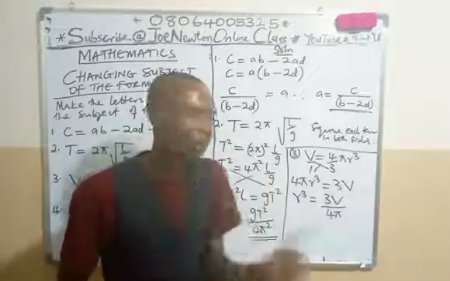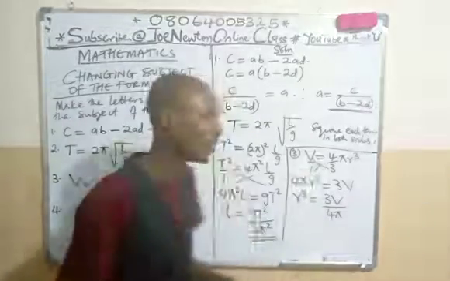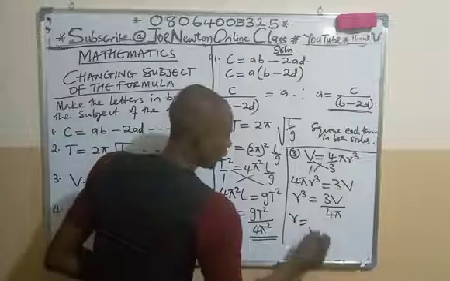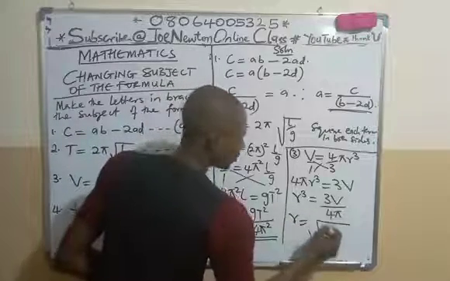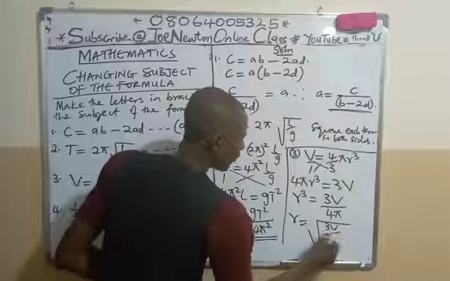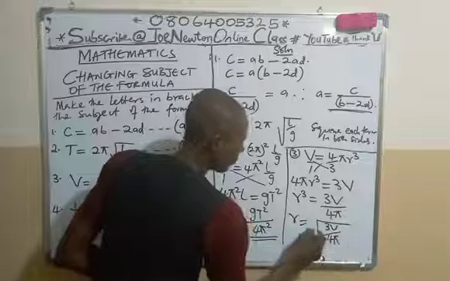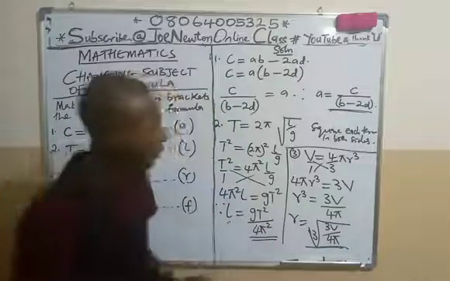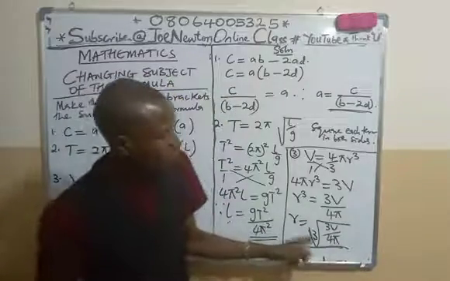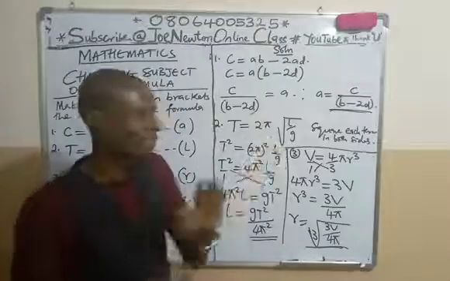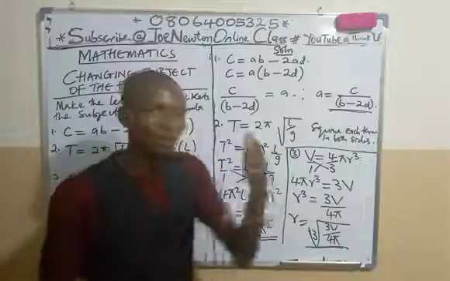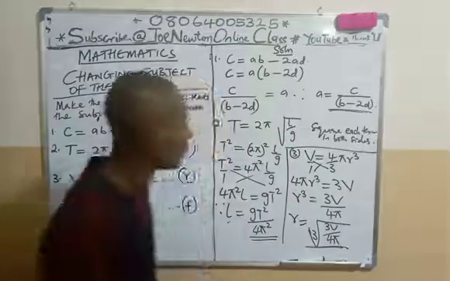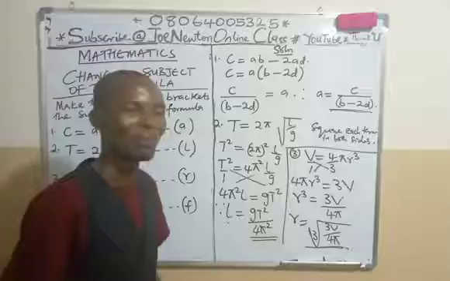So we now have r is equal to the cube root of the fraction 3V over 4 pi. The 3 goes inside the root sign, that's the cube root, because in the square root we have an invisible 2, but for cube root, 4th root and so on, we indicate the root by number. So this is the solution to question number 3.